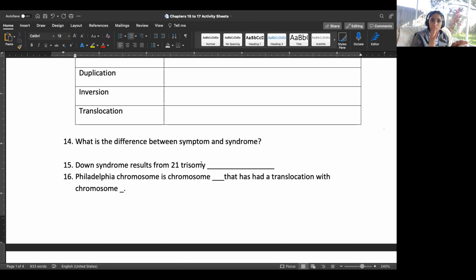Now the question for you is, in people with Down syndrome, in each one of their cells, how many chromosomes do they have? 46 is the number for humans. They have one extra 21. So 47 in total.